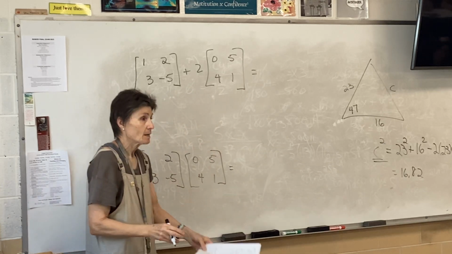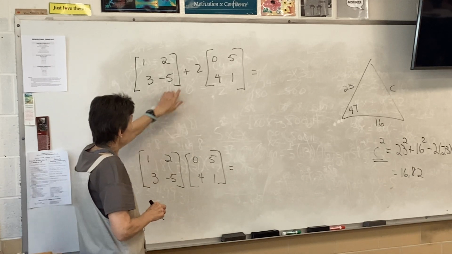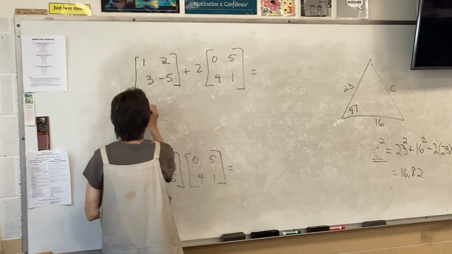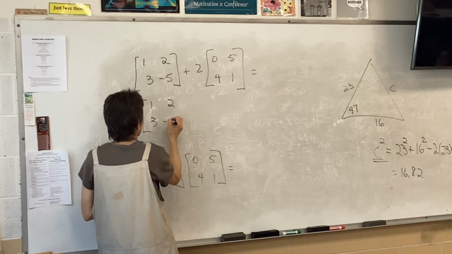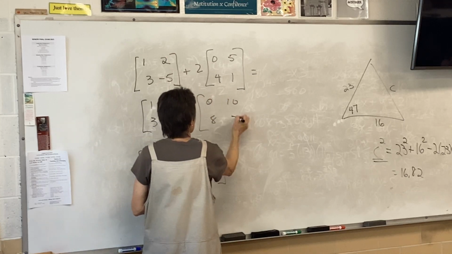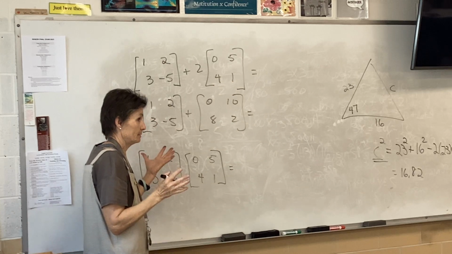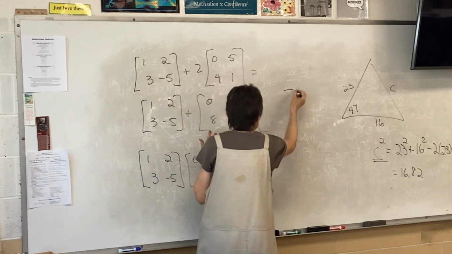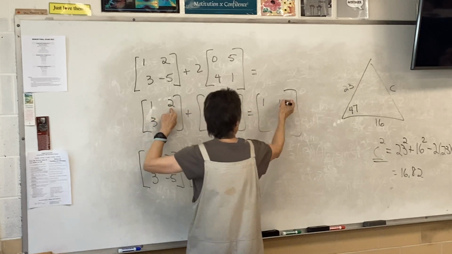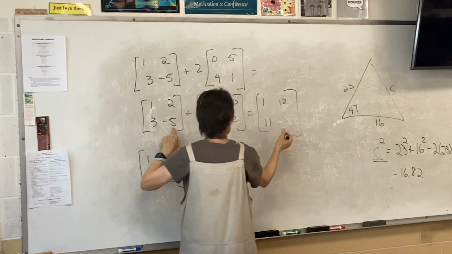All right, so what do we do? Distribute that 2 first. So we're going to have 1, 2, 3, negative 5 plus 0, 10, 8, 2. And we just add them. So 1 plus 0, 2 plus 10, 3 plus 8, negative 5 plus 2.